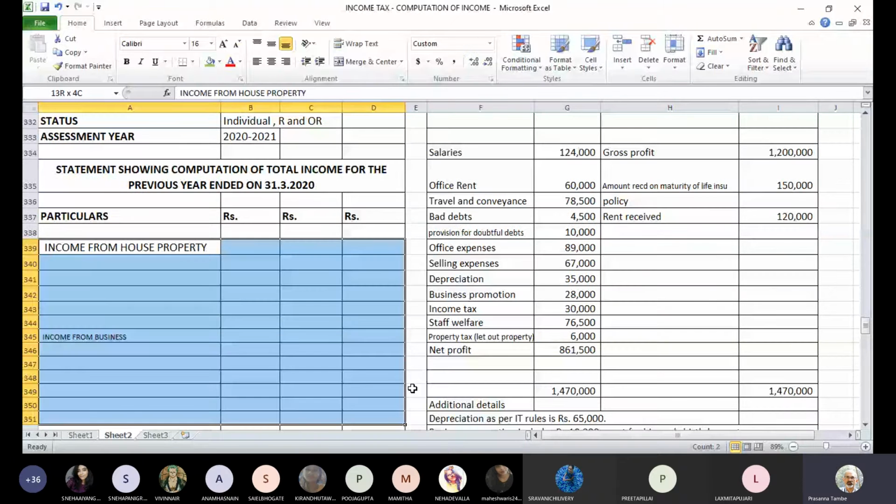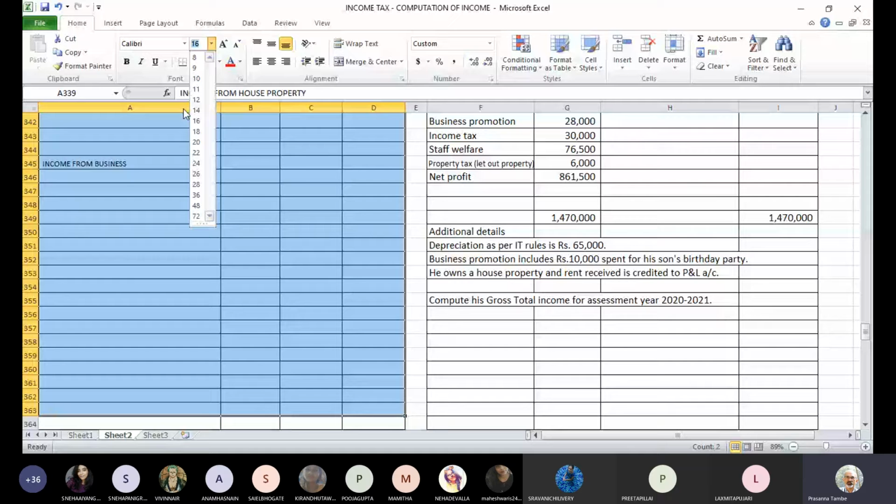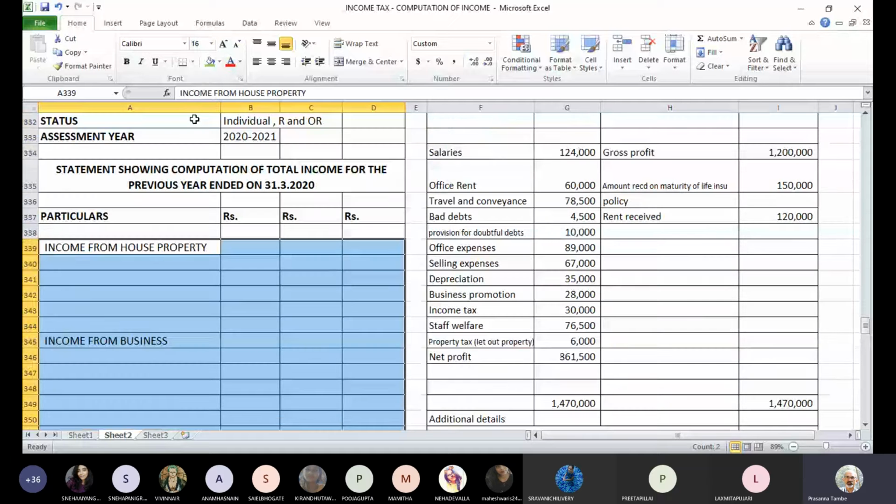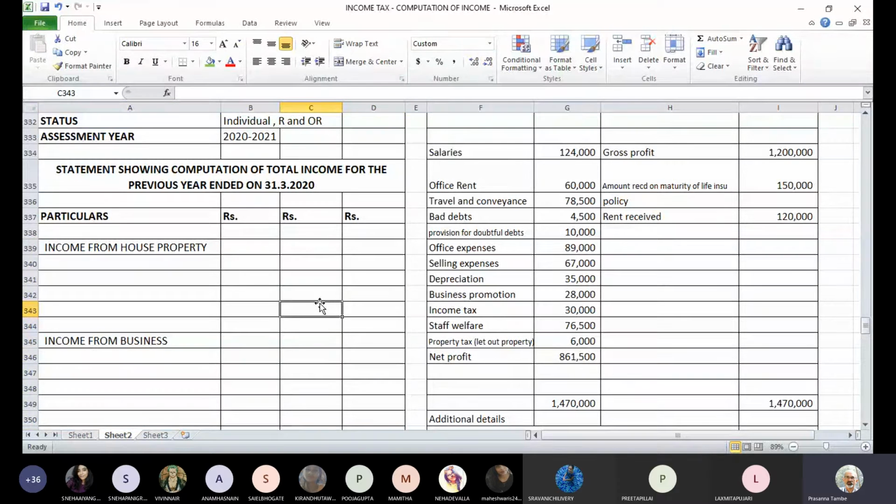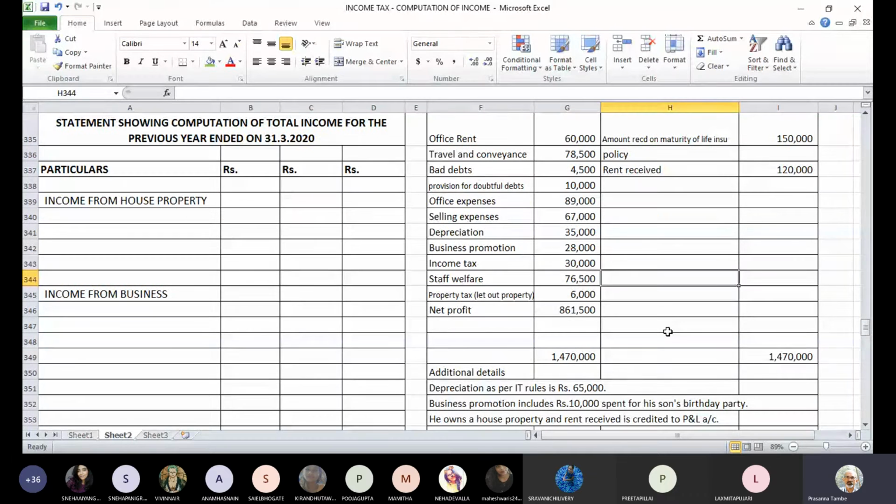This is going to be the next head of income. Are you ready with the format? Can we start with the details?